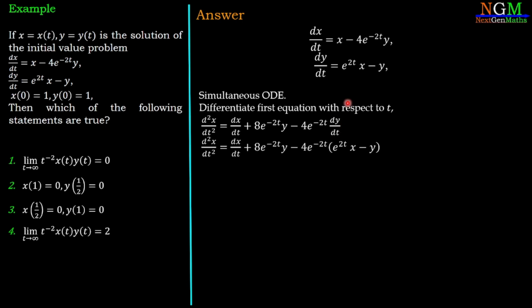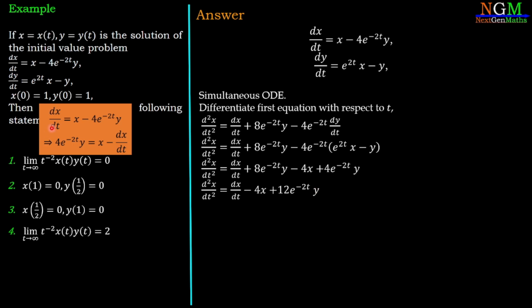Now substitute the value of dy/dt from equation 2, which is e^(2t) x minus y. Now open the last bracket: minus 4 e^(-2t) into e^(2t) x. e^(-2t) into e^(2t) is 1, so we have minus 4x. Similarly, minus minus plus 4 e^(-2t) y. 4 plus 8 is 12, so 12 e^(-2t) y.